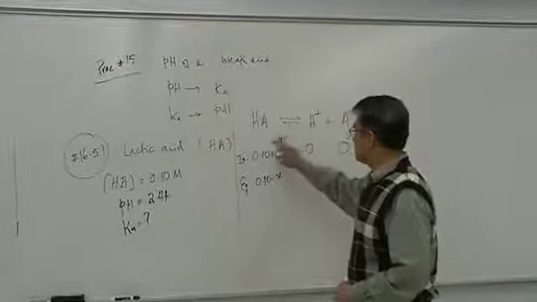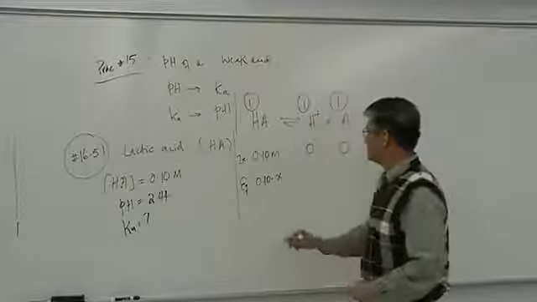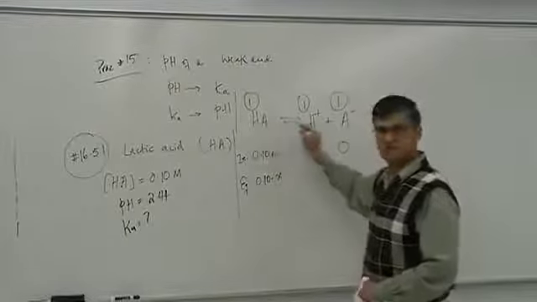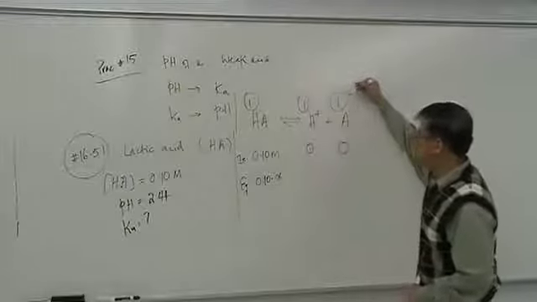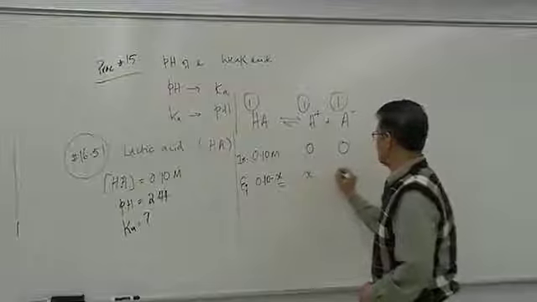Now, we need to understand this. If one HA breaks down, you're going to get one H plus and one A minus. You follow these ratios. These are the coefficients of the balanced reaction. When X of this breaks down, you get X here and X here.